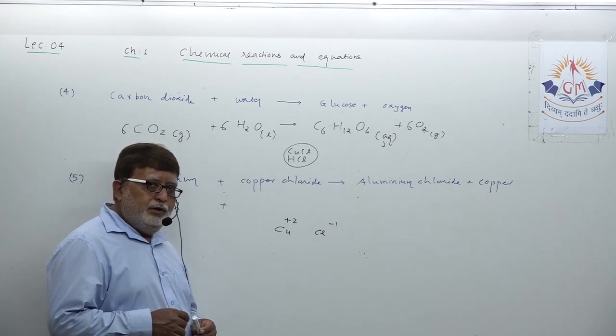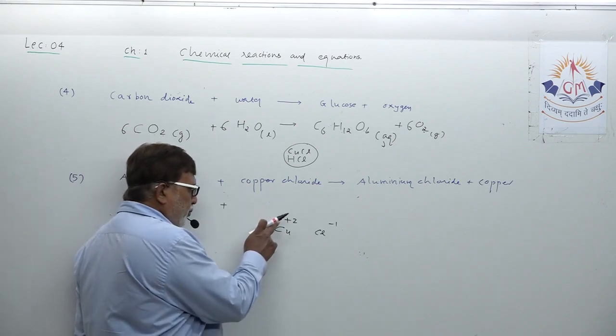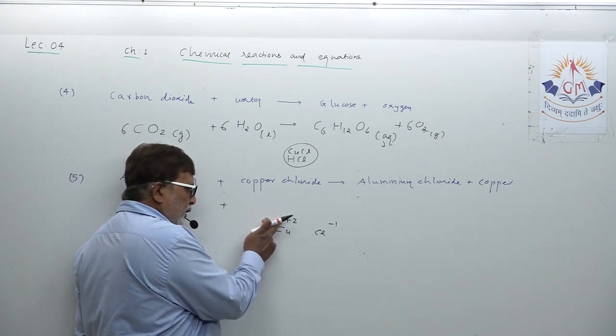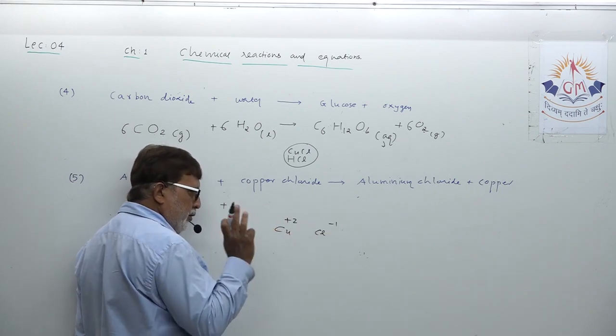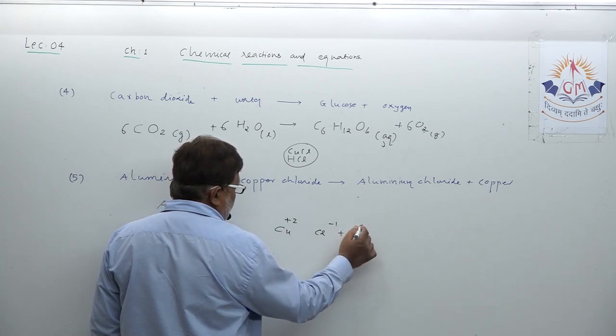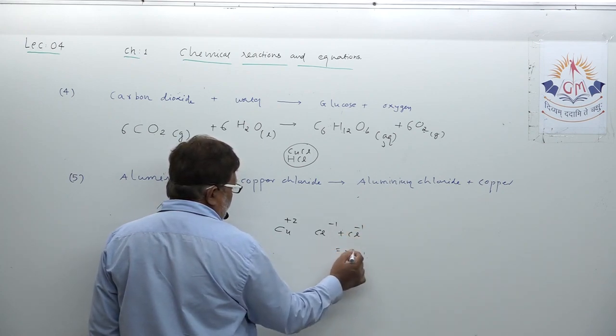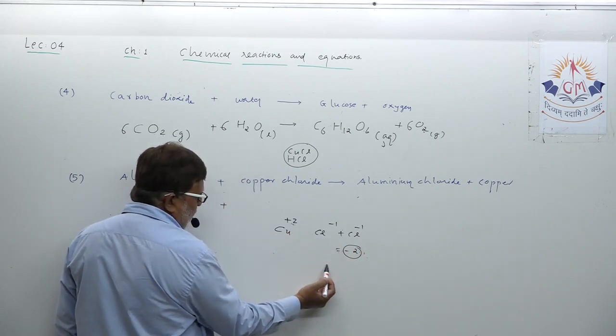So to balance the valency of copper, how many chlorine atoms do you need? 2. Because when 2 chlorine atoms are there, -1 plus -1 is -2, and +2 plus -2 cancel out.